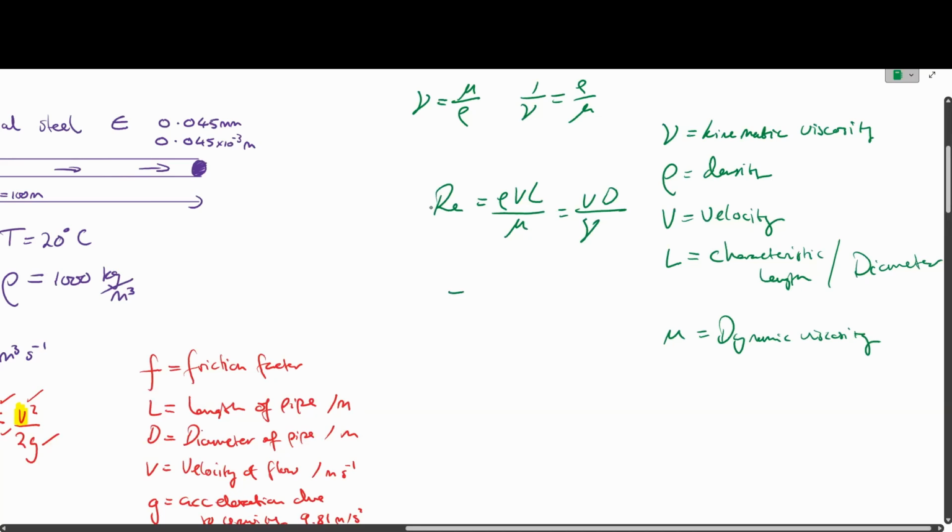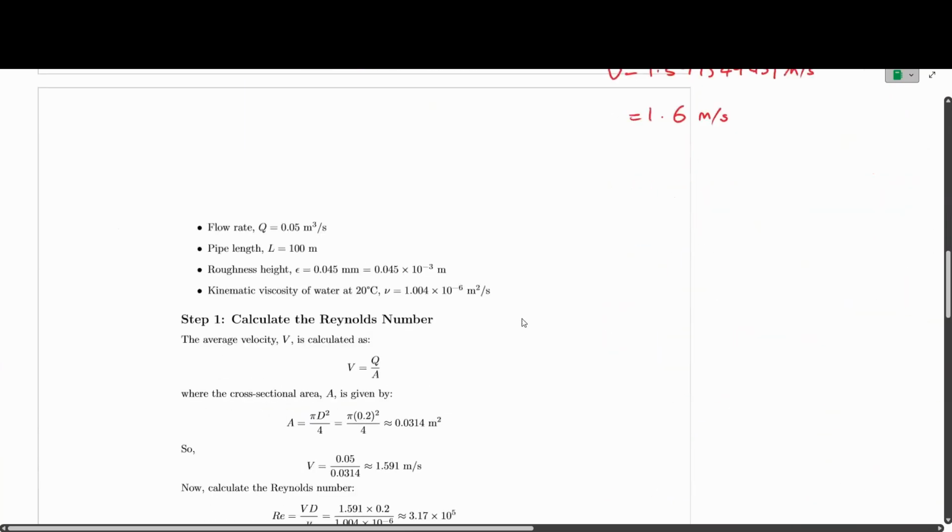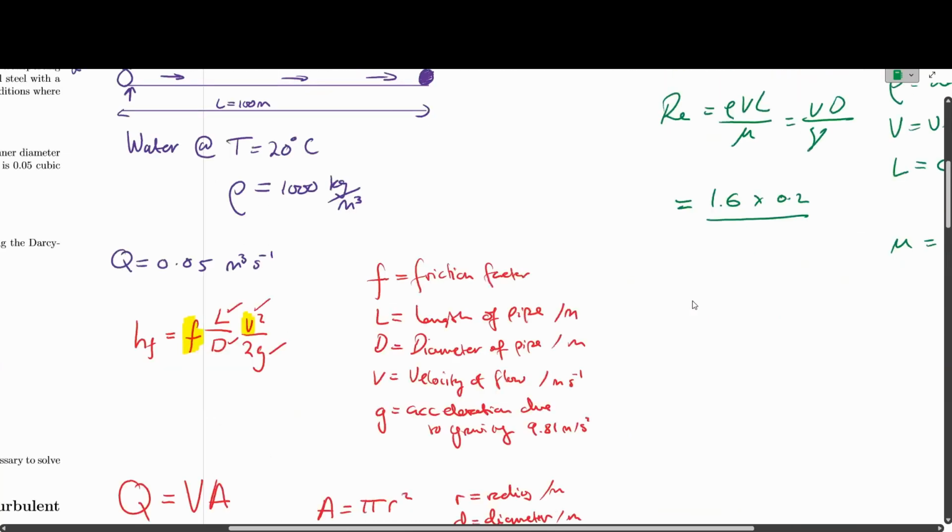over kinematic viscosity. So that gives 1.6, which we calculated earlier, 0.2, which is the diameter, and the kinematic viscosity of water at 20 degrees C is given as 1.004 times 10 to the minus 6.